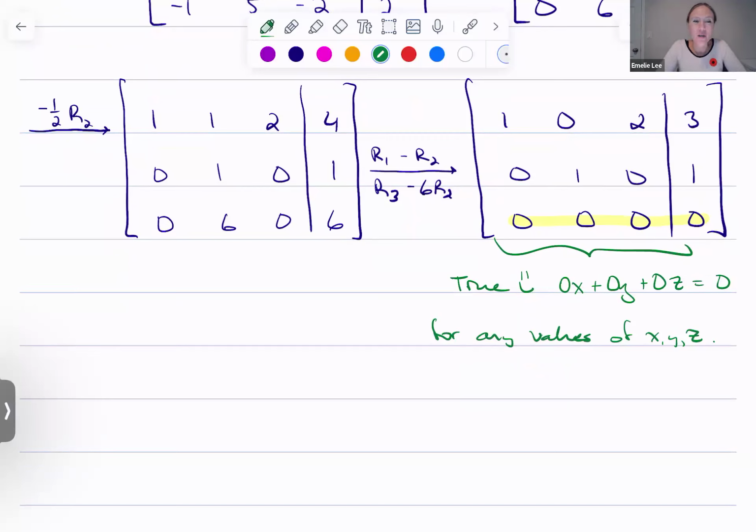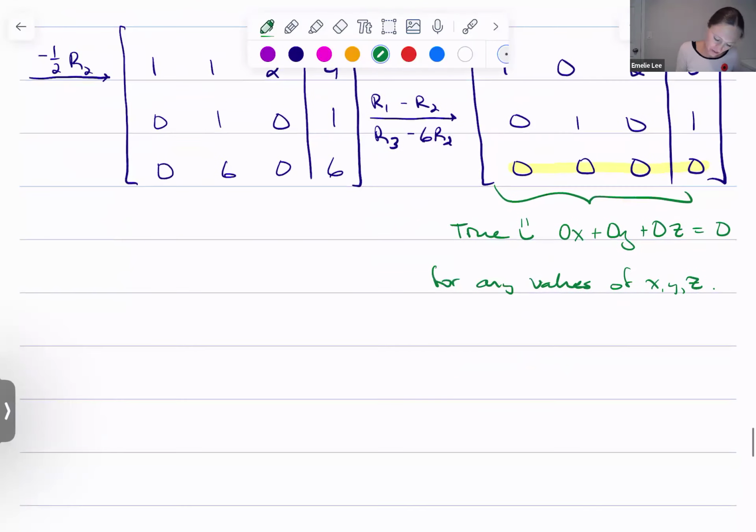And so that's how we know we're going to have infinitely many solutions. Therefore, we have infinitely many solutions.